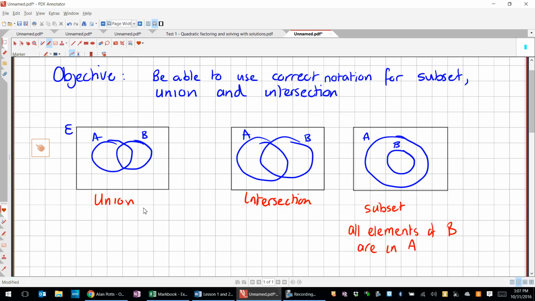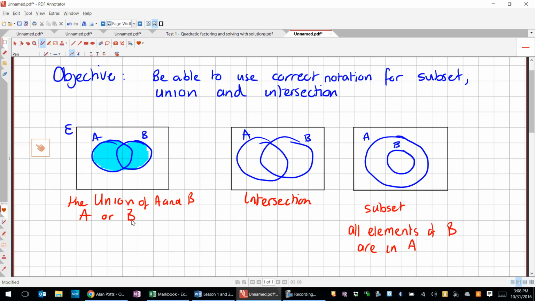So we are allowed to choose an element in A or B, wherever we like. So if I was to shade that, I would be shading in the whole thing. So the union of A and B is A or B.